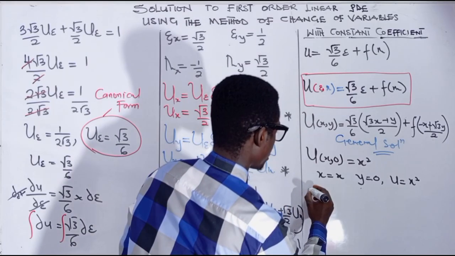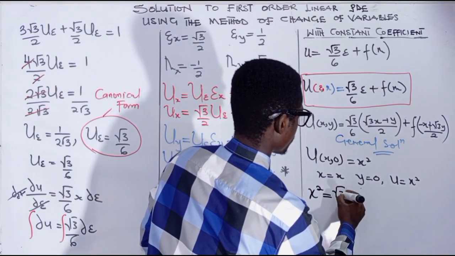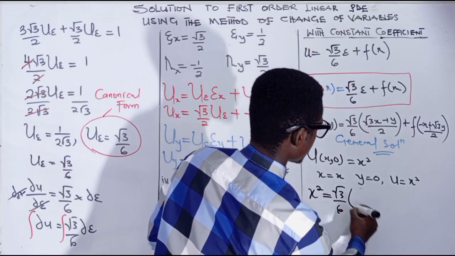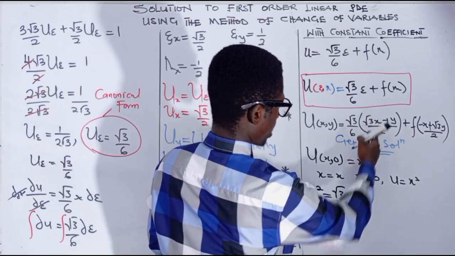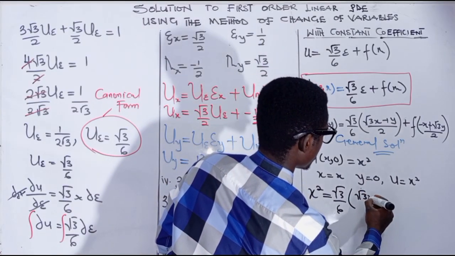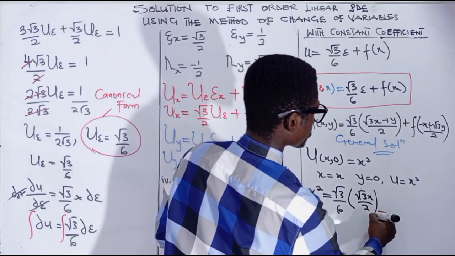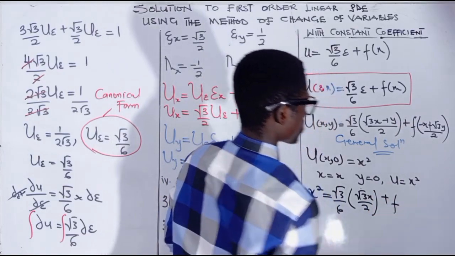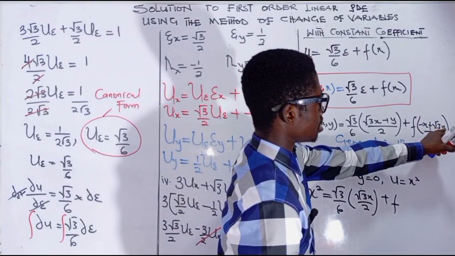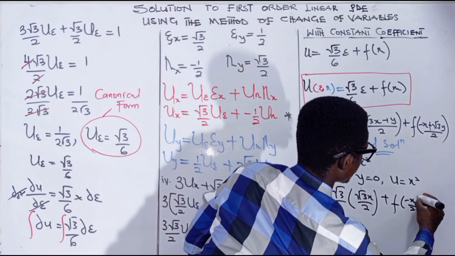So we are going to have s squared is equal to root 3 all over 6. And then our x is still s, so this is going to give us root 3 s all over 2. The y term is going to give us 0, so we'll be left with this one. And then we have a function of minus s all over 2.